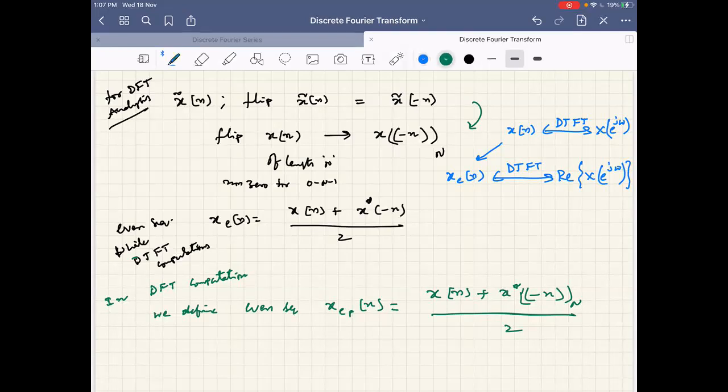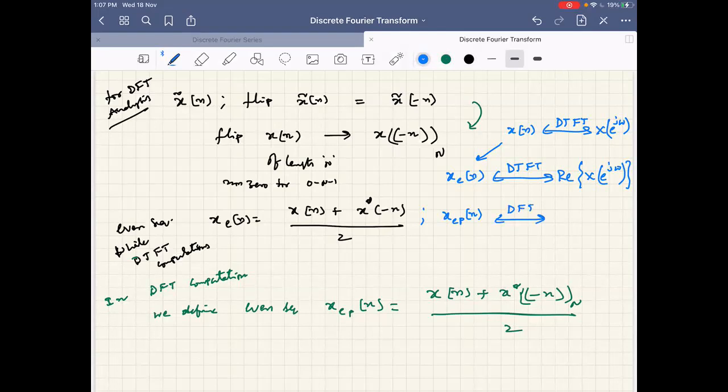Now similarly, if we take the even sequence in reference to computing the DFT, we want to compute the DFT of the even sequence.